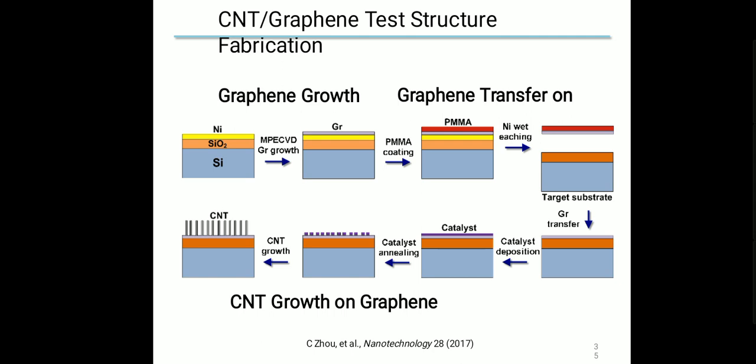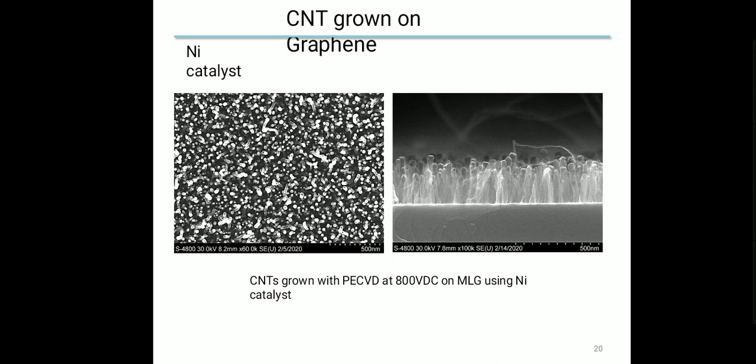You can see the changes in structure, the graphene test structure of carbon nanotubes and nickel catalyst. CNT grown on graphene. So carbon nanotubes are formed on graphene with nickel catalyst. These are the pictures of that, which represent CNT grown with PECVD at 800 degrees C on MLG using Ni catalyst.